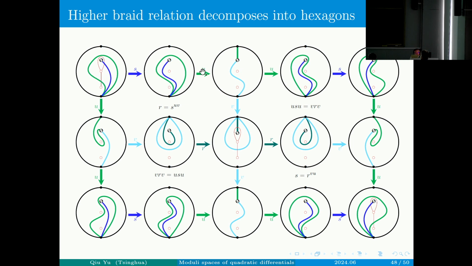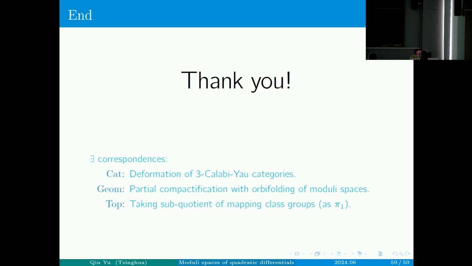This U square is braid twist. So you have SU square equals U square S U square S. So this higher braid relation decomposes into 4 hexagon relations, which is, I think, the highlight of the proof. Although, I mean, this is the easy part. Yeah, so let me stop here.